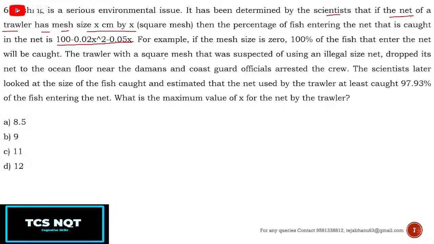For example, if the mesh size is 0, 100% of fish that enter the net will be caught.